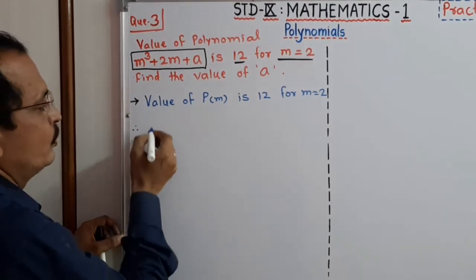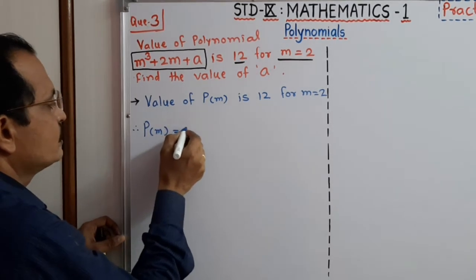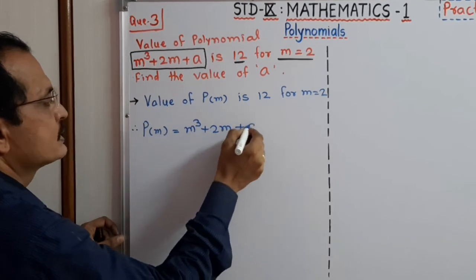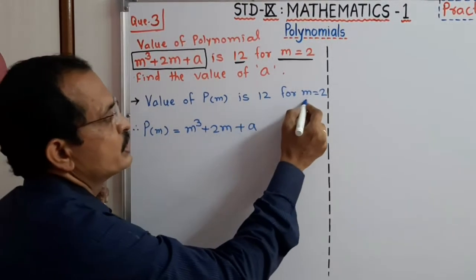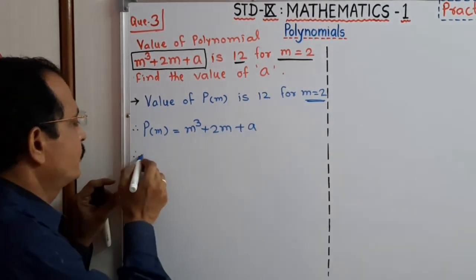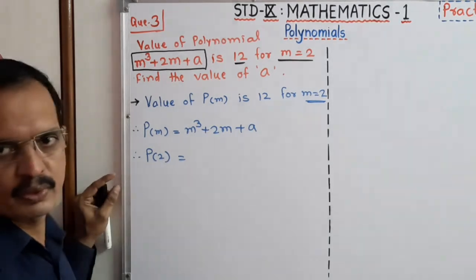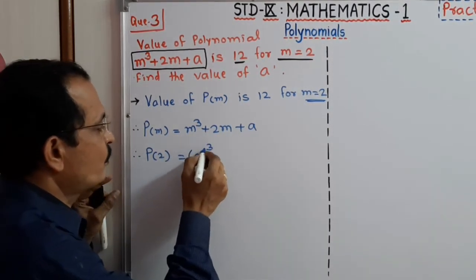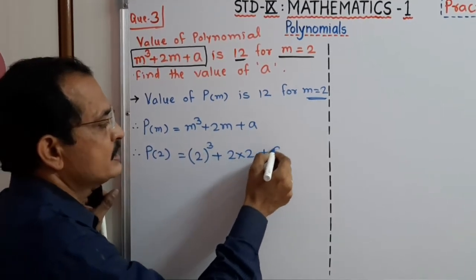Therefore, first of all we have to write P(m) is equal to m cube plus 2m plus a. Find the value of the polynomial for m is equal to 2. Therefore, P(2) is equal to the cube of 2 plus 2 into 2 plus this a.